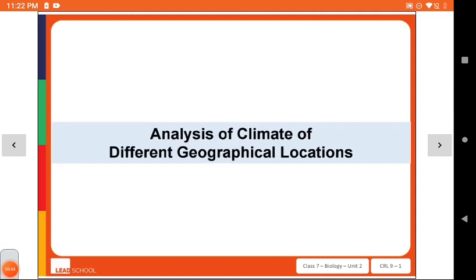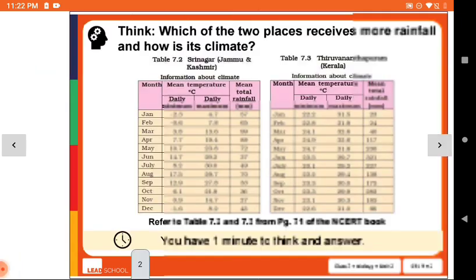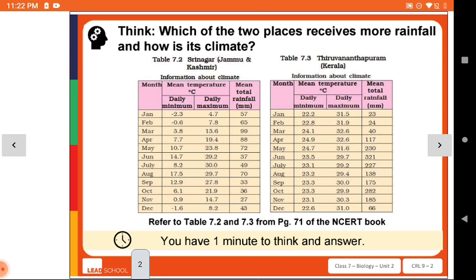So students, how do we analyze the climate of different geographical locations? For example, which of two places receives more rainfall and how is its climate? There are two tables, January to December.